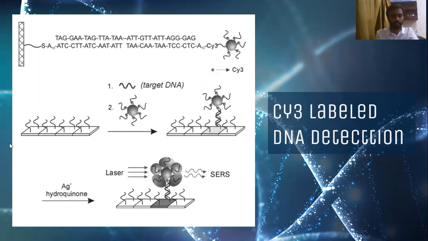And once the DNA target is identified, this whole assay binds to this DNA target due to the complementary nature of our oligonucleotide sequence. And once the silver treatment is done, then you fire a laser, and as a result, you get enhanced SERS signals.